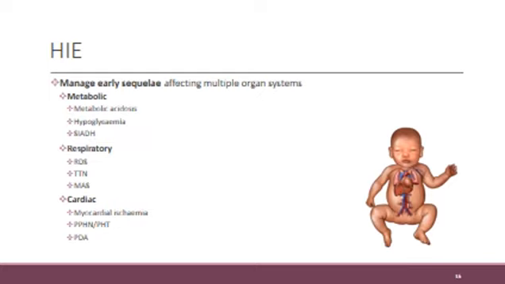In the cardiac system, one should consider that myocardial ischemia can lead to heart failure. Due to poor adaptation after birth, persistent pulmonary hypertension of the neonate can occur, and then the patent ductus arteriosus due to the relative hypoxia is also a common finding.